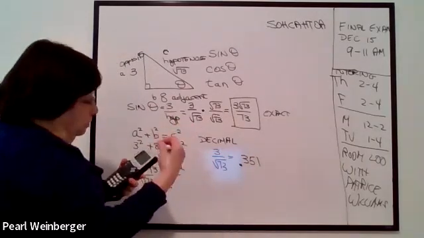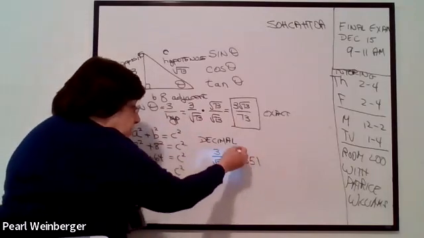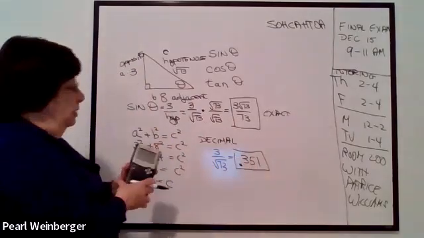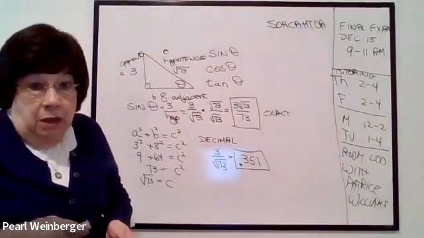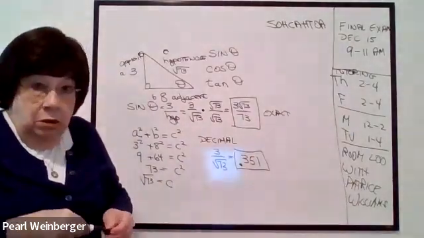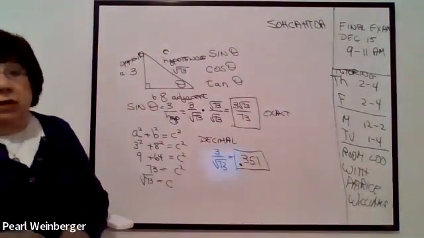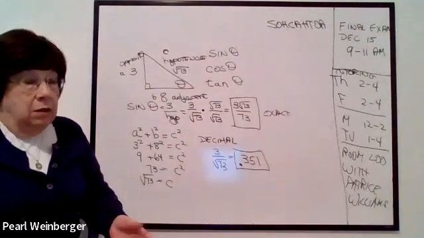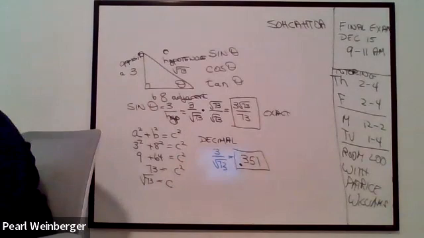The next decimal place is also 1, so I don't have to round up. This would be my answer in decimal form. Again, you'll see which way they want the answer because you'll be able to look at the answers and see if they're in decimals or in fraction or radical form.